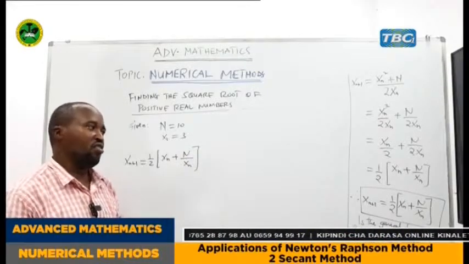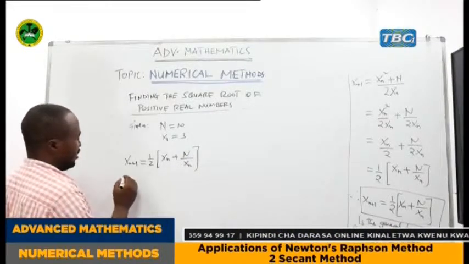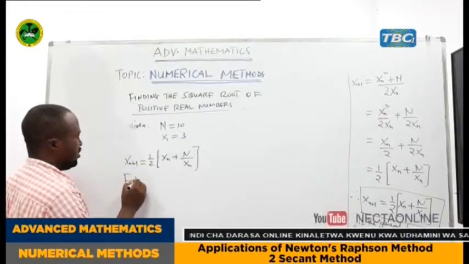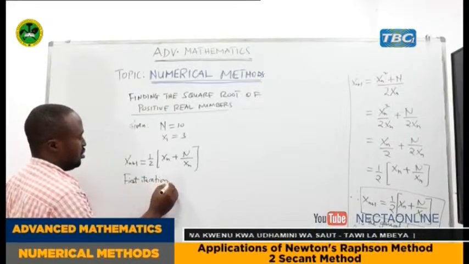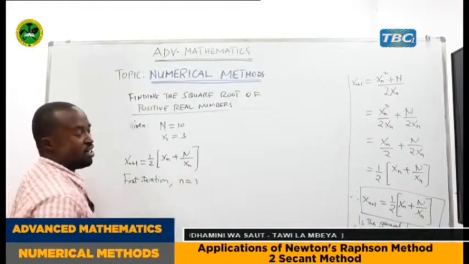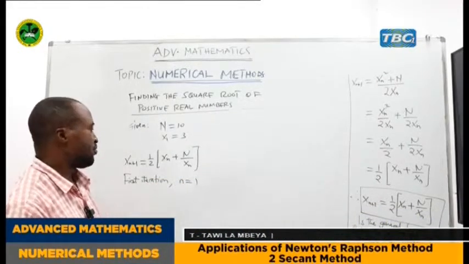Now that is our general formula. So for first iteration, we say n is equal to 1.